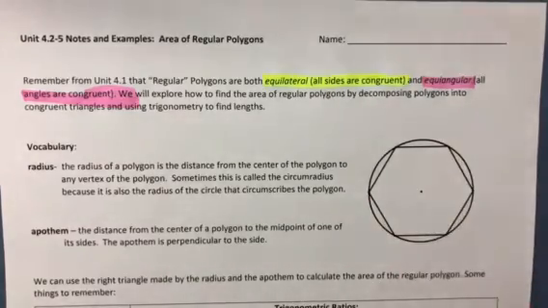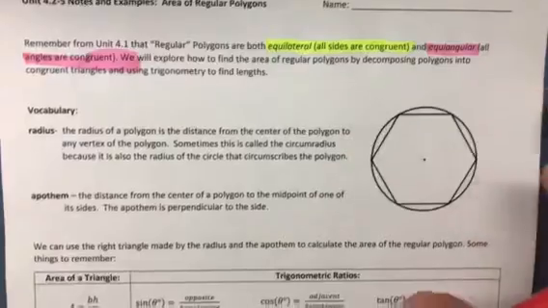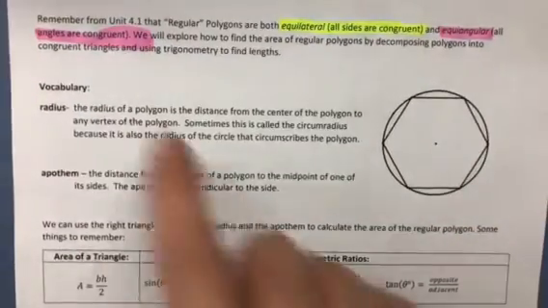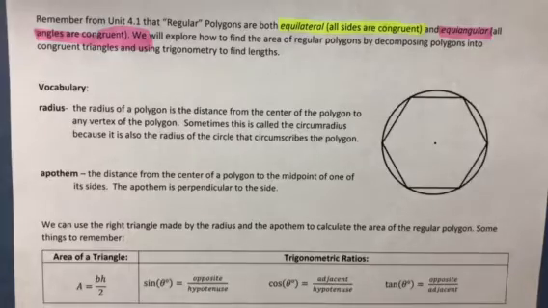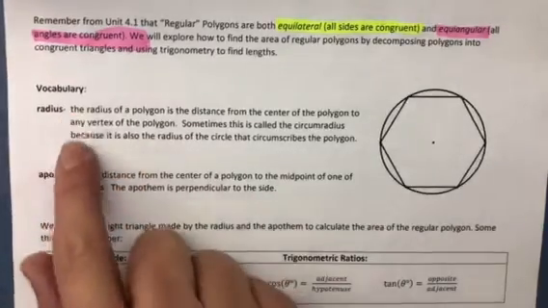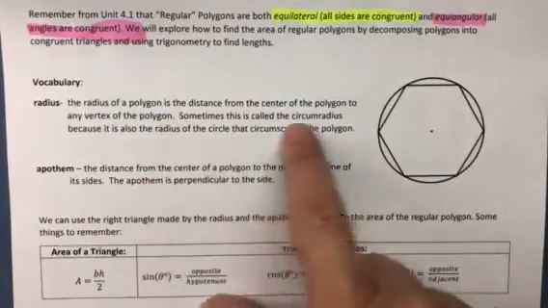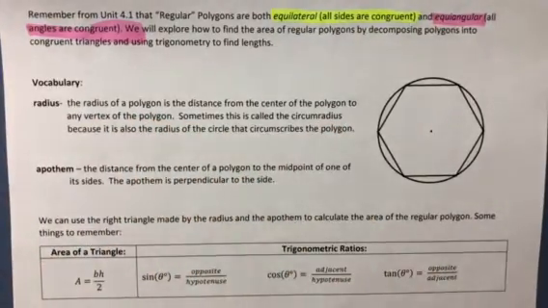There's two vocab words that we often associate with polygons, and one is radius. So we know in a circle that the radius is the distance from the center to the edge. So the radius of a polygon is the distance from the center of the polygon to any vertex on the polygon.